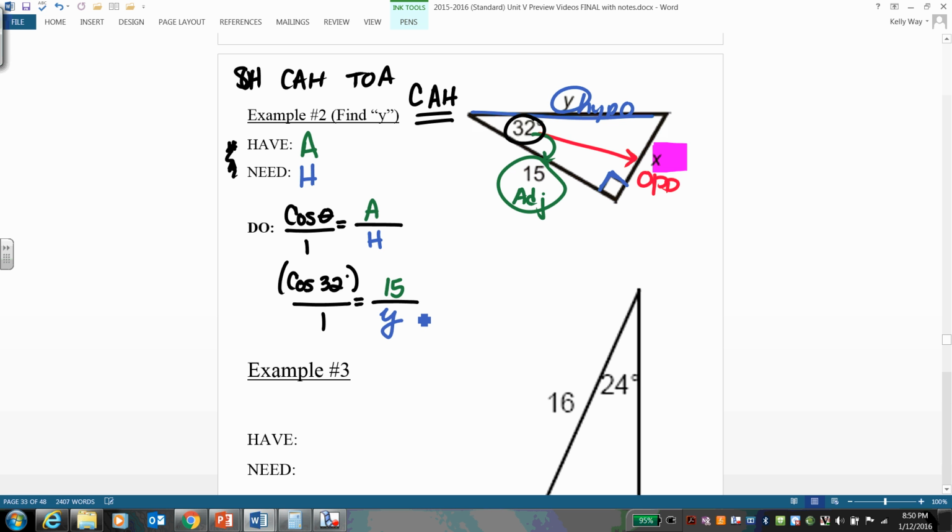Do not touch a calculator until your variable is by itself, which it is not yet. You cross multiply. Bring it up here. Cosine of 32 degrees, keep parentheses around that, times y equals 15.